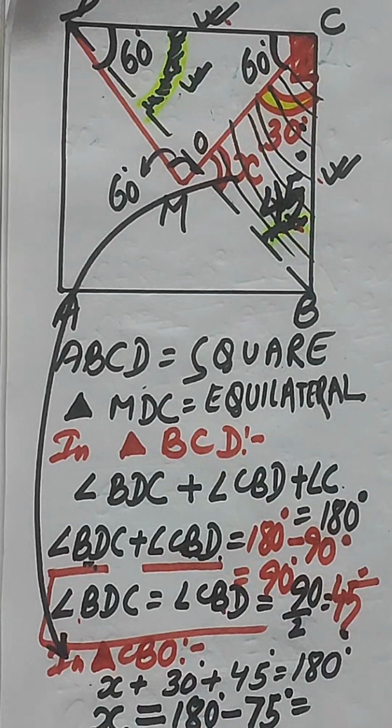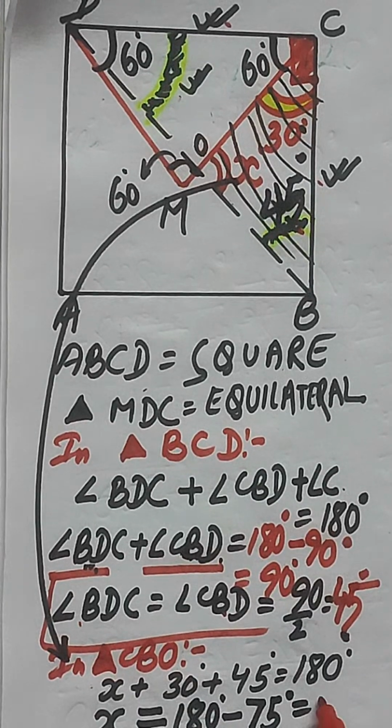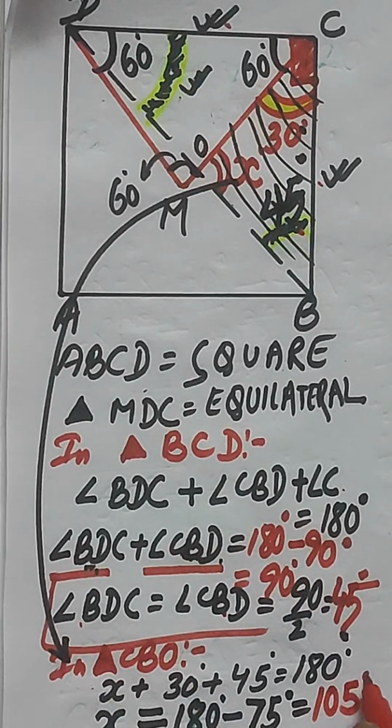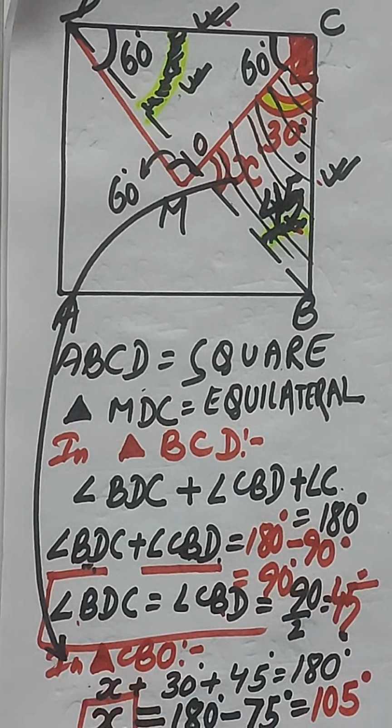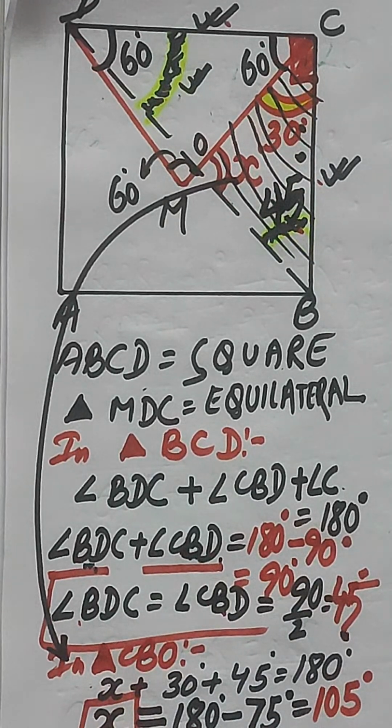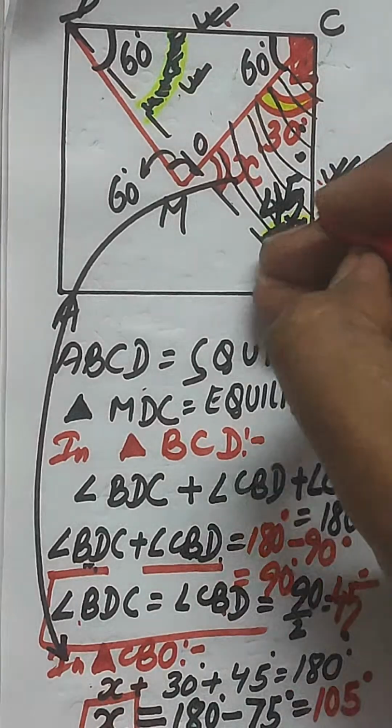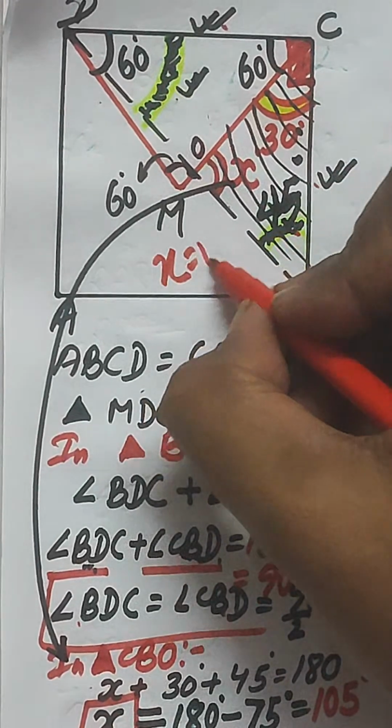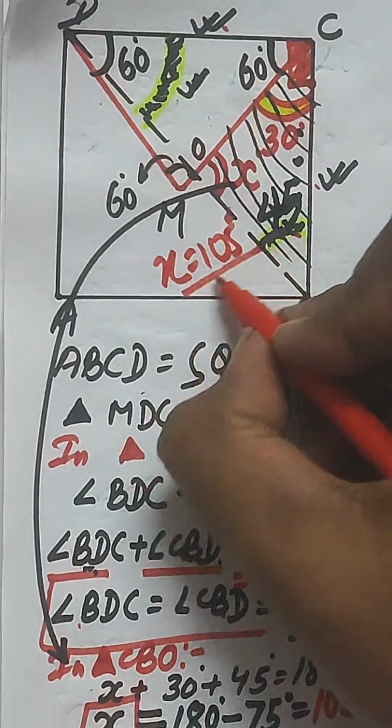And this will give you the value of x as 105 degree. So the value of x is calculated as 105 degree.